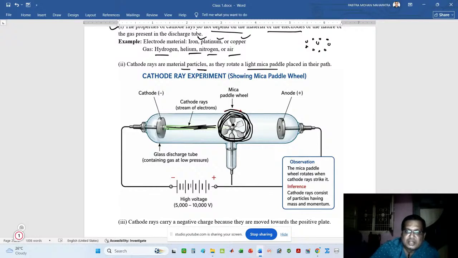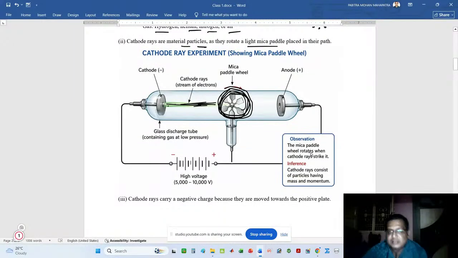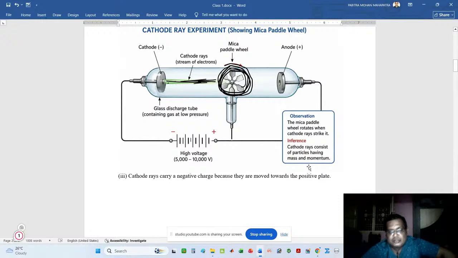The paddle will start to rotate. So the observation is what? The mica paddle will rotate when the cathode ray strikes it. So here we can think about the conclusion, that is, cathode ray consists of particles having mass and momentum. It has some mass and also some momentum.